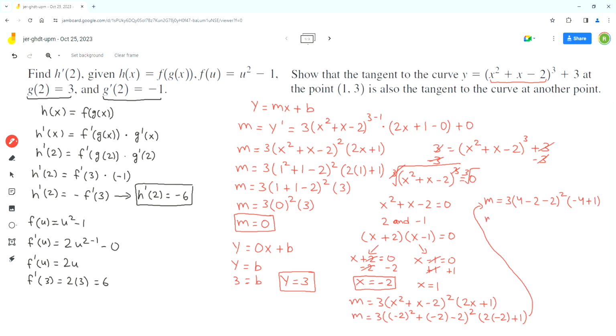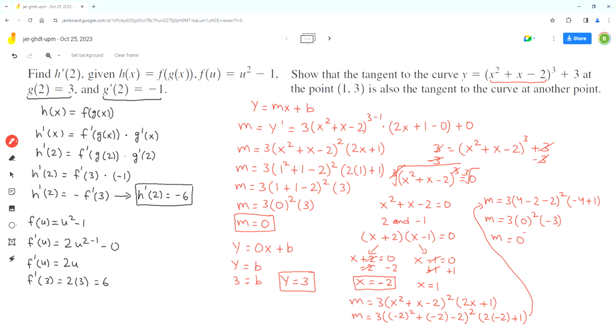Now we can simplify this expression. So 3, and in the first parentheses, 4 minus 2 is equal to 0, squared, and then times -3. Now this expression becomes equal to 0 because 0 squared is 0 and 3 times 0 is 0 and 0 times -3 is also 0.